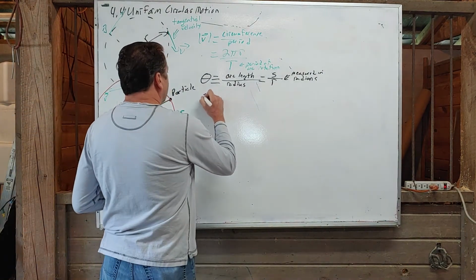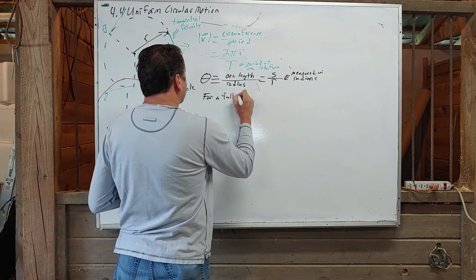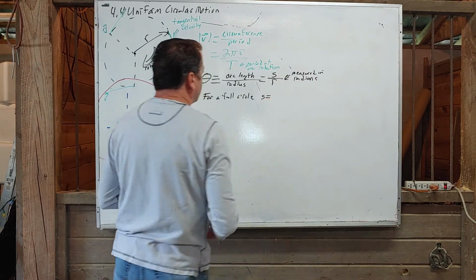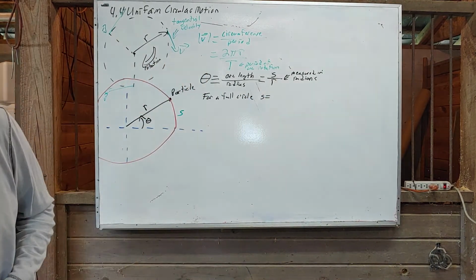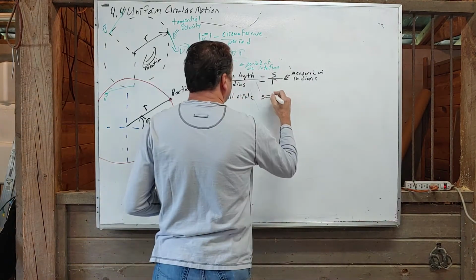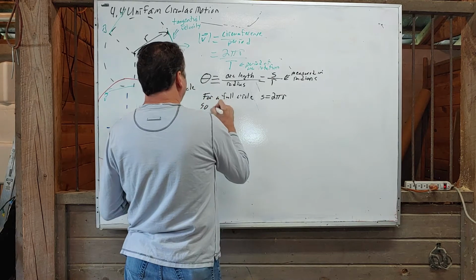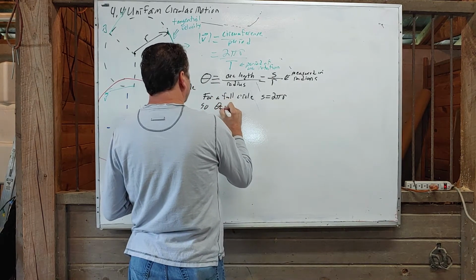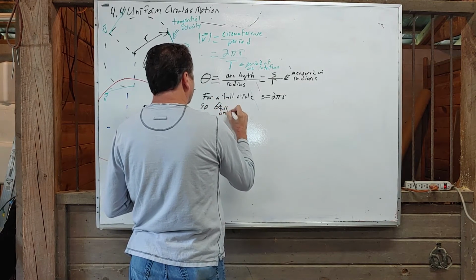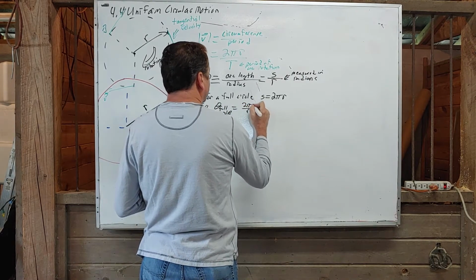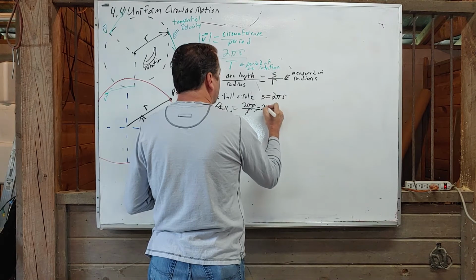So for a full circle, S equals, what's all the way around for a full circle? Well, we know that's 2 pi r. So theta for a full circle, 2 pi r over r, that cancels, it's 2 pi.